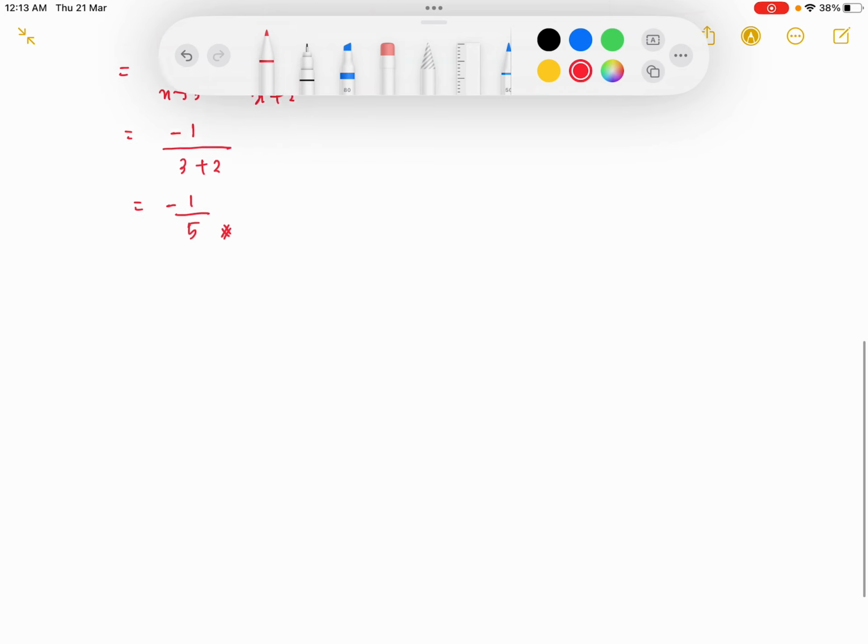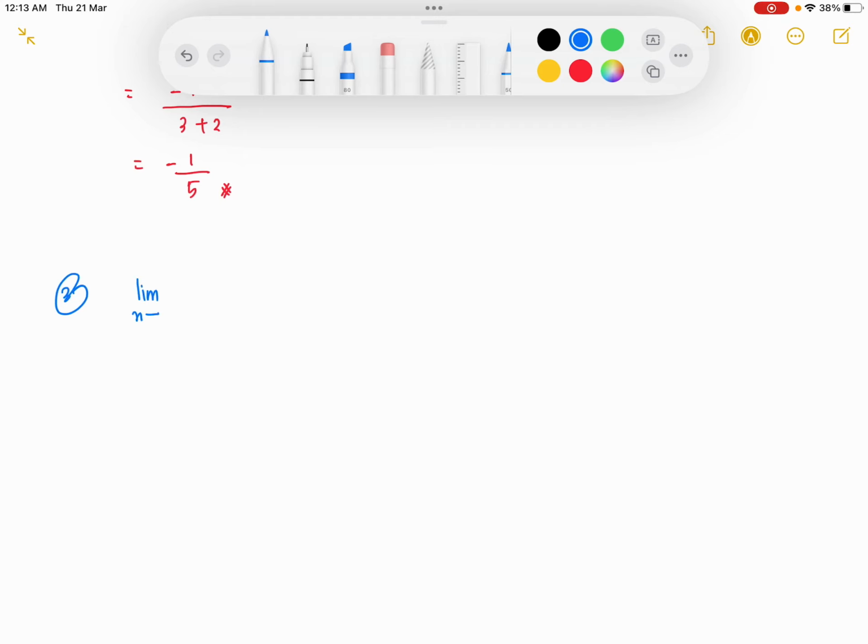Okay, next we move to example number 3. So we have limit x approaches 4 of 4x minus 16 over x square minus 4x, plus 2x plus 1.